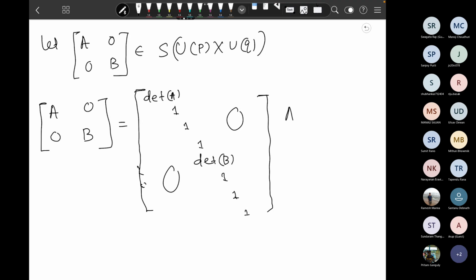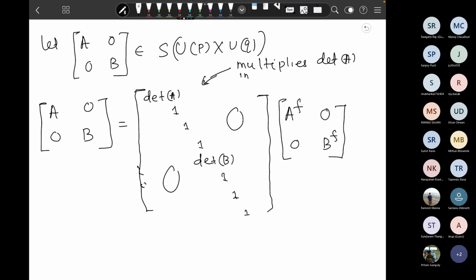Now I will put (A' 0; 0 B'). This corresponds to multiplication by determinant of A in the first row and determinant of B in the (p+1)th row.